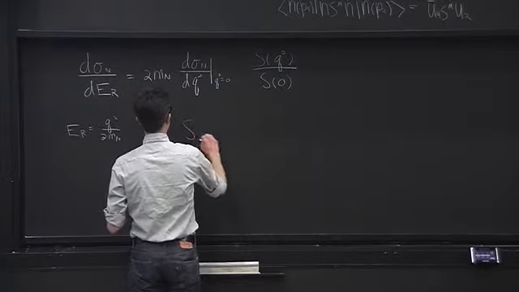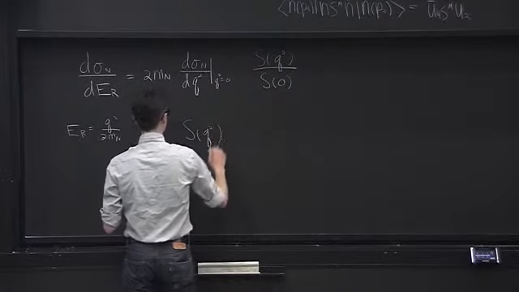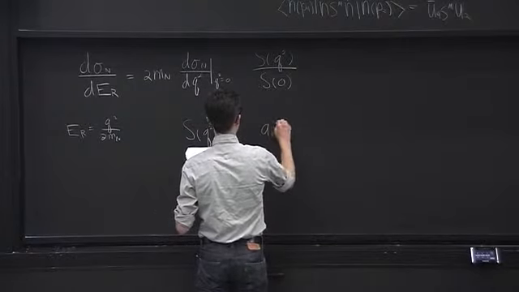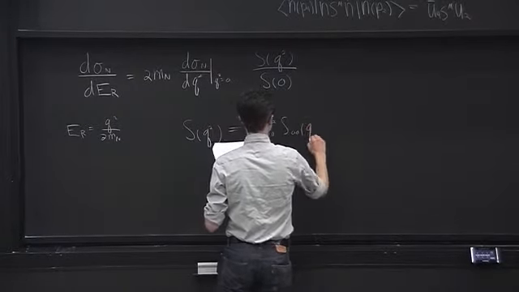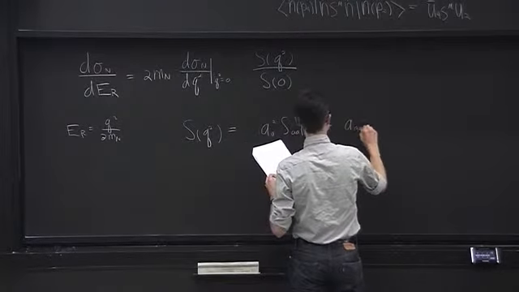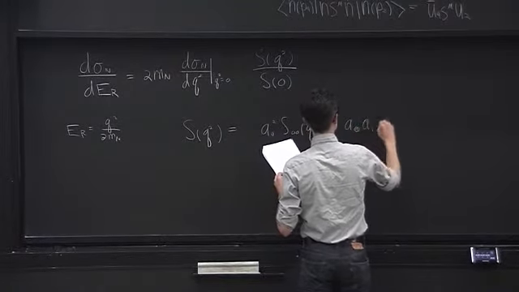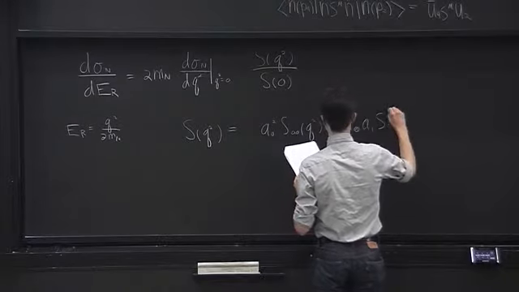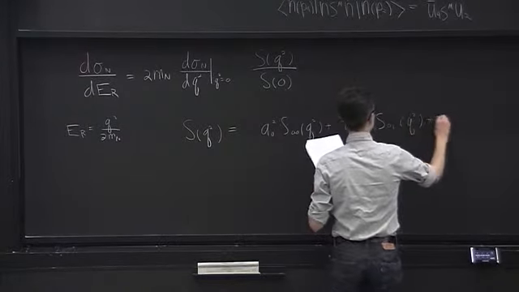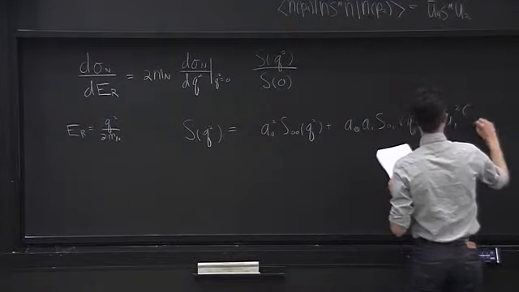But at q squared not equal to 0, the form factor has different pieces. So the form factor in this case is a bit more complicated.